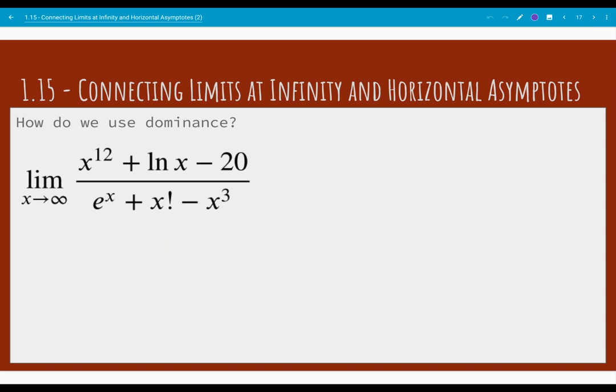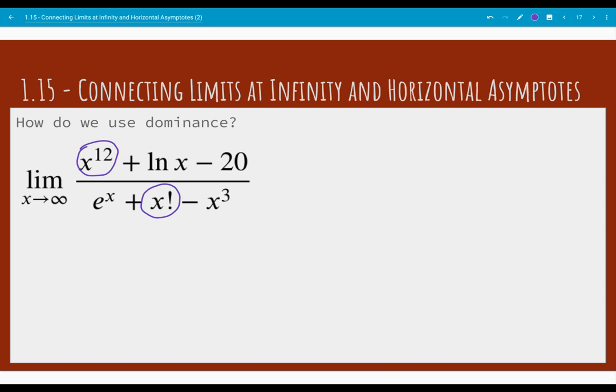Okay, going back to positive infinity, we've got multiple terms in the numerator and denominator here. So the first thing we want to do is identify what's going to dominate the numerator and what's going to dominate the denominator. In the numerator, we have this polynomial here, and when we're dealing with polynomials, we'll always look for the biggest degree if there are multiple terms. And then in the denominator, the factorial is going to dominate.